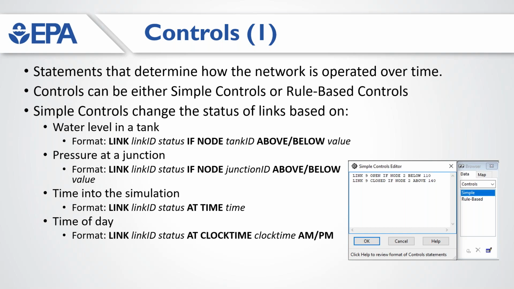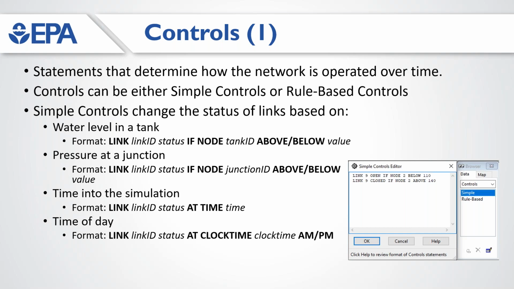You provide a link, pipe, pump, or valve, and you give the link ID, and you tell the status. The status can be open, closed, or a pump speed setting for a pump, or a control valve setting for a valve. Then you tell the model when this status change should happen.